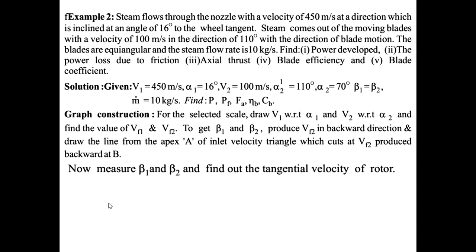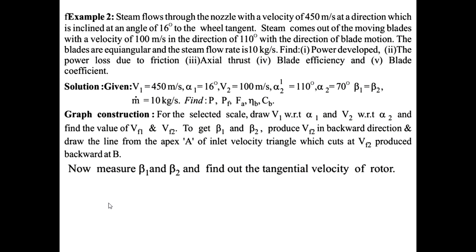See here, V1 450 meter per second, alpha 1 16 degrees, V2 100 meter per second is known, alpha 2 is known, 70 degrees. Or from the tangent angle, from the blade speed angle, alpha 2 dash 110 degrees, you find out alpha 2. Alpha 2 is 180 minus 110. If you find out, it is 70 degrees.